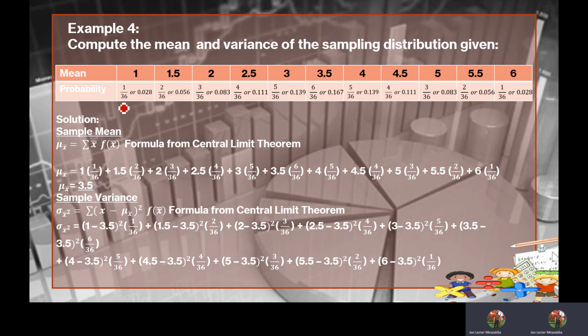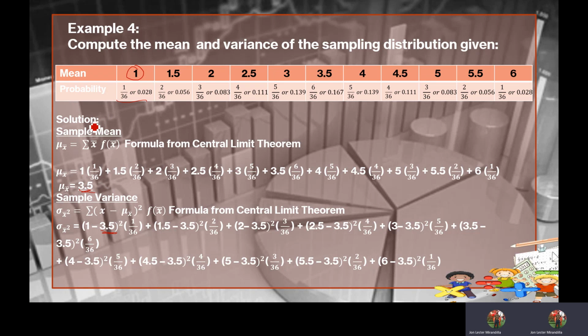So kung mapapansin nyo dito, yung 1 minus 3.5, yung 1, ito yung mean. Then yung 3.5, ito yung ating sample mean. Yun nakuha natin sample mean. So 1 minus sample mean, or yung mean minus sample mean, then yung squared niya multiplied by the probability. Yung probability na makukuha tayo ng mean na 1.